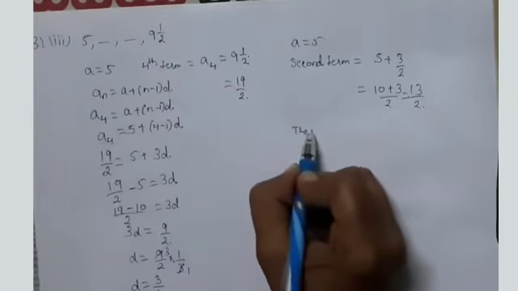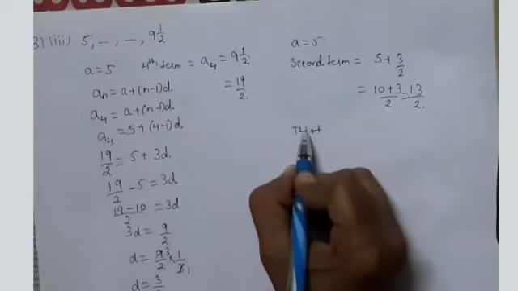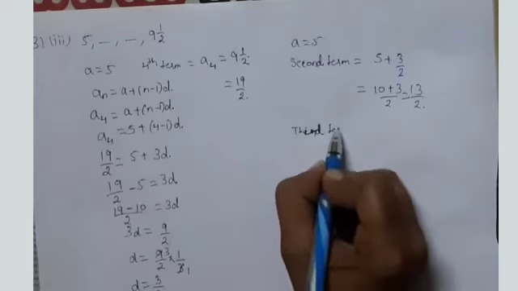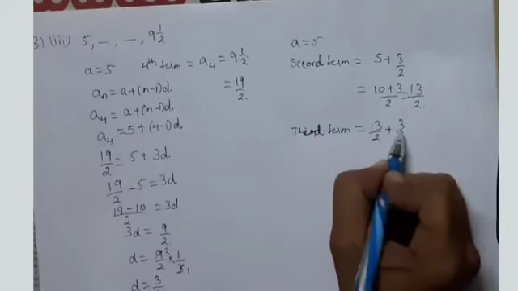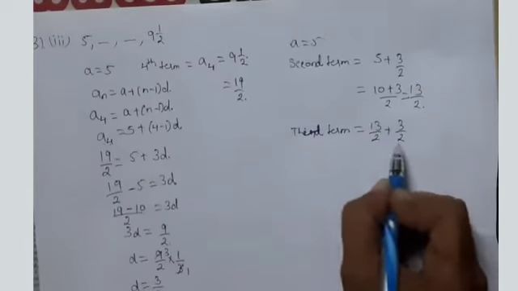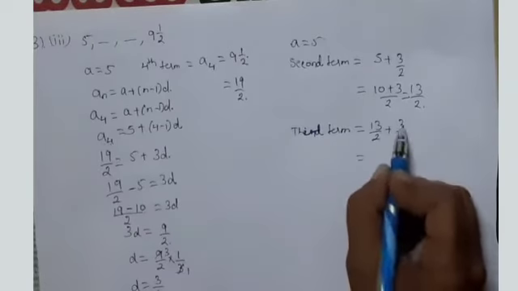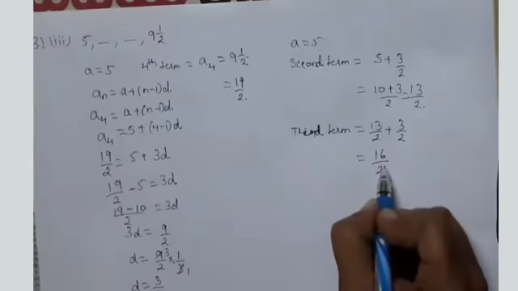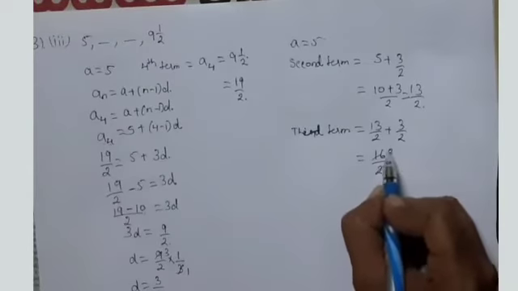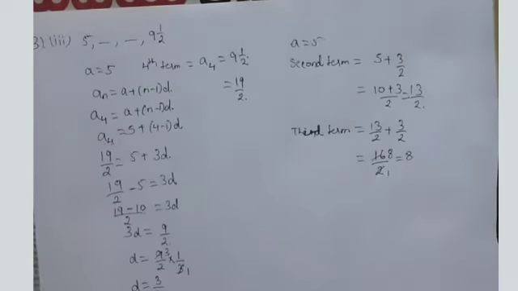And the third term will be equal to 13 by 2 plus 3 by 2. Here no need to take out the LCM because the denominators are the same. 13 plus 3 will be 16 by 2. If you want, you can simplify this. 2 1s are 2, 2 8s are 16. You can write it as 8 also.